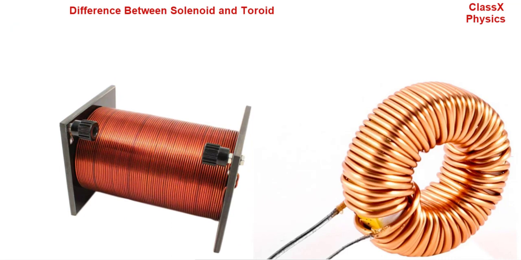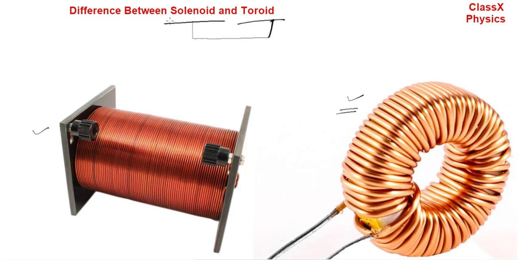If we open any electronic device, we can observe the solenoid in this shape, but sometimes we see equipment like this. What is this? This is a toroid. What is the difference between a solenoid and a toroid?